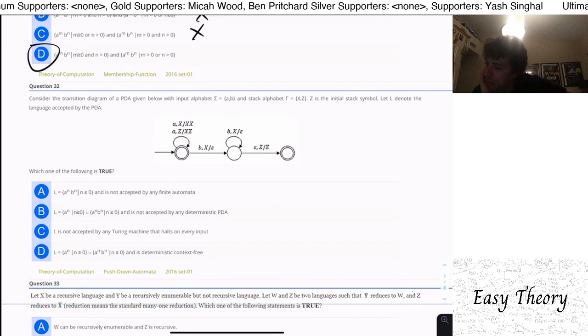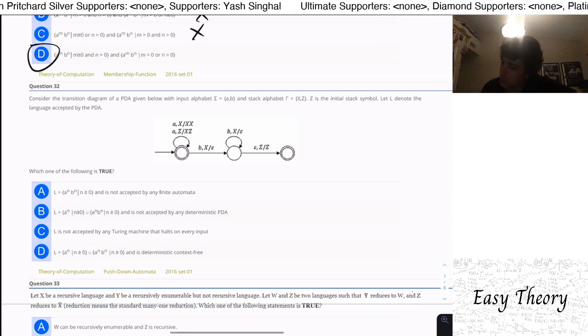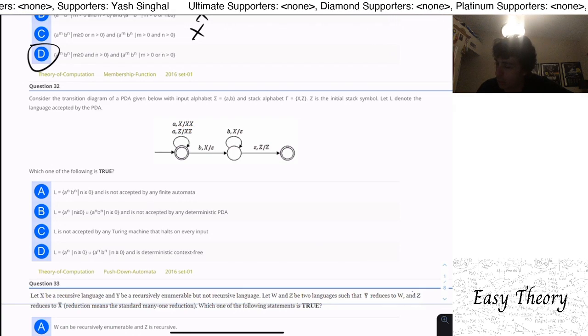Okay, we got a PDA here. I'm not sure of this notation. Z is the initial stack symbol. Okay, I'm not sure what that means. I'm guessing that's what it starts off with. Let L denote the language accepted by the PDA. So I'm guessing what this notation means is it reads an A, pops an X, and pushes on two X's at the same time.